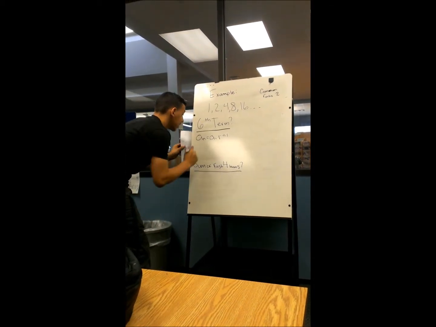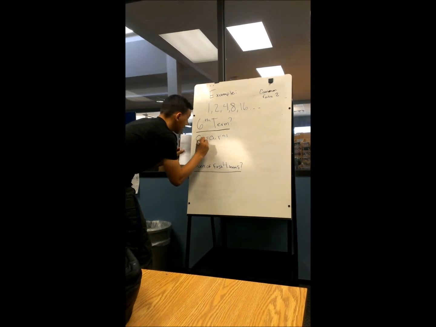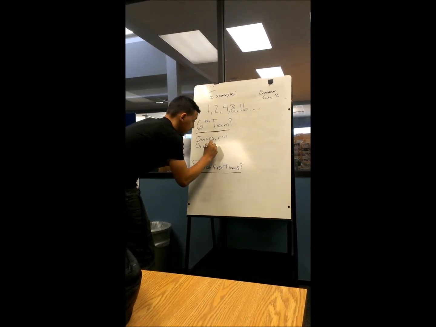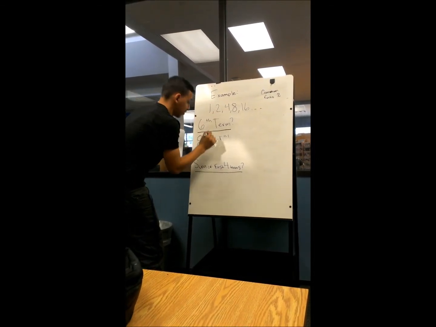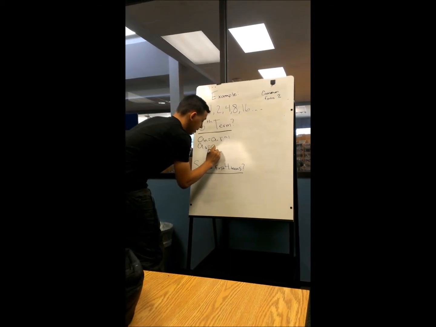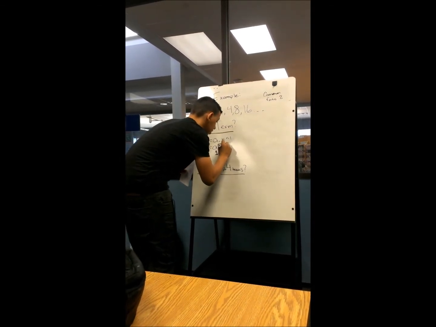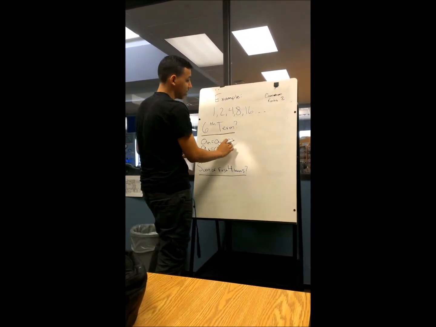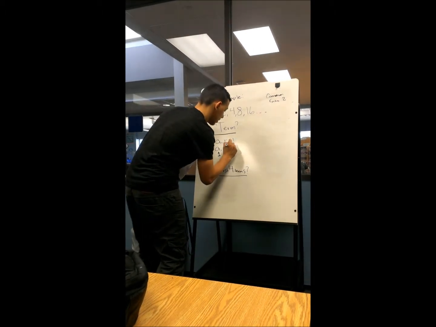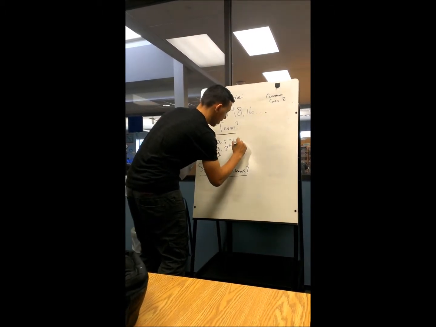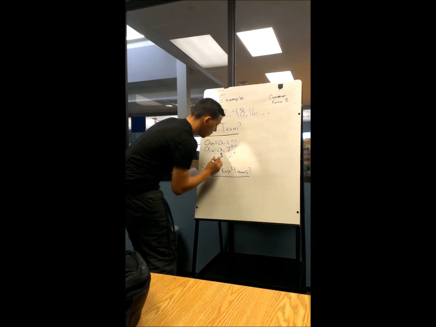Now plugging everything in, a will be the 6th term because we're looking for the 6th term. And A1 is the first term, which is 1. And r, which is the common ratio, is 2, to the n minus 1. So we're looking for the 6th term, so you're going to plug in 6 minus 1, which will turn into a 5. So it's 2 to the 5th power.